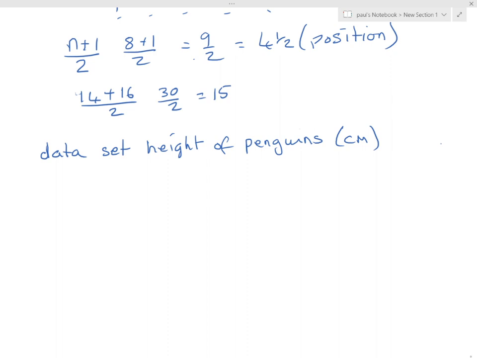So let's do all the heights of the penguins: 41, 43, 44, 44, 47, 48, 50, and 51. Right.